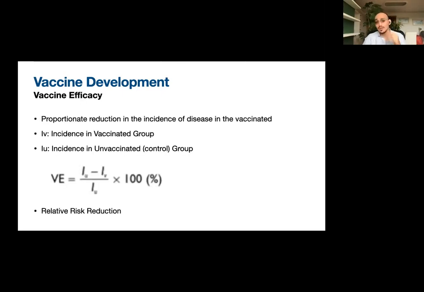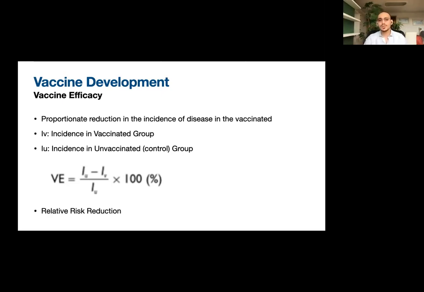Just a brief point on vaccine efficacy. When we're trying to test this intervention, we're looking at whether there is a reduction in the incidence of disease in the vaccinated group versus the unvaccinated group. And this is the gold standard in practice, which is to use this formula here, where we look at the incidence in the vaccinated group and compare it with the incidence in the unvaccinated group, and it produces this, which is basically just the relative risk reduction.